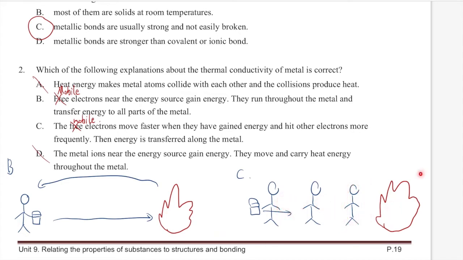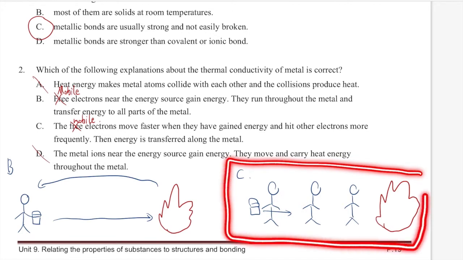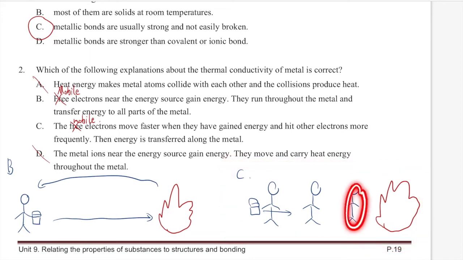Okay, so you can clearly see C is a scenario we just described in the previous page. So the electron get the energy, heat the next electron or collide with the next electron, and then heat the next electron to pass through the energy. So again, the most appropriate answer for this one should be C.